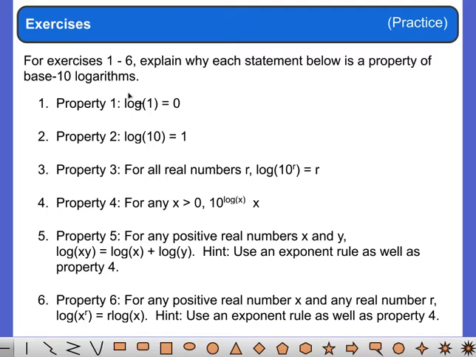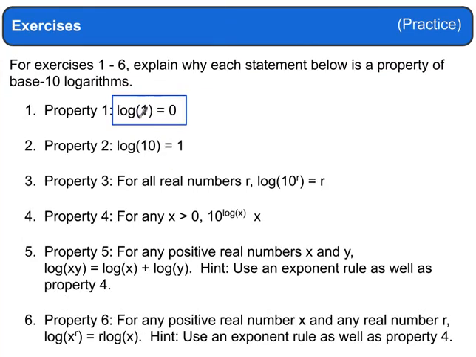The first one, property number 1 that we want to observe, is that log 1 is 0. So if you ever get a log 1, that is 0. If you're interested in the reasoning behind that, remember the little base is a 10, so log base 10. And 10 to the 0 power is 1.